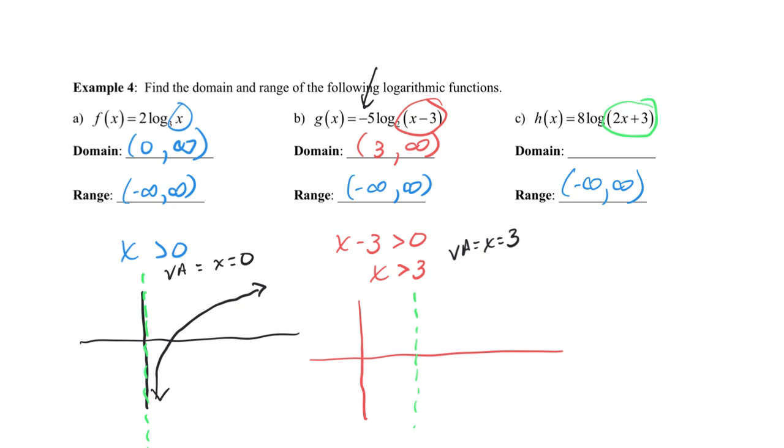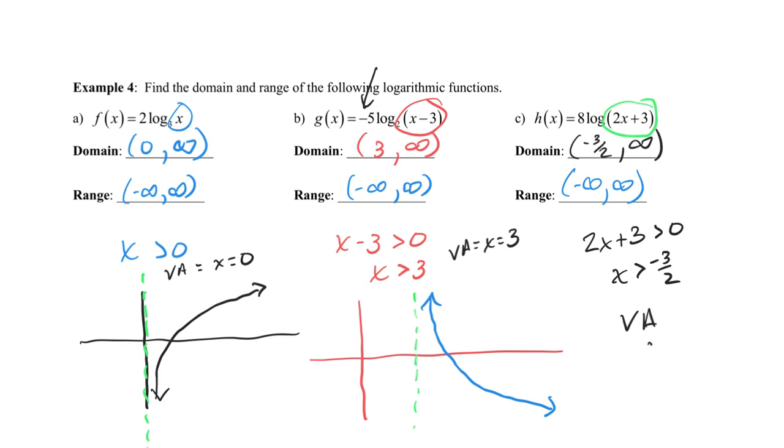So this time it's going to go like this. And then the last one, I'm going to take my 2x plus 3, set it greater than 0, do some solving. I get negative 3 halves, and I get negative 3 halves to infinity. And then I would have a vertical asymptote at x equals negative 3 halves.